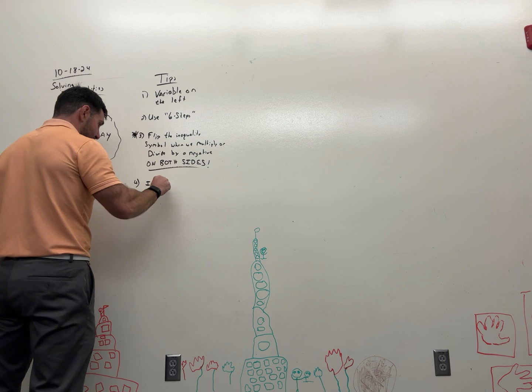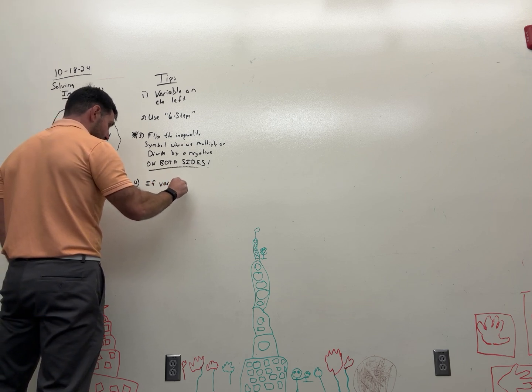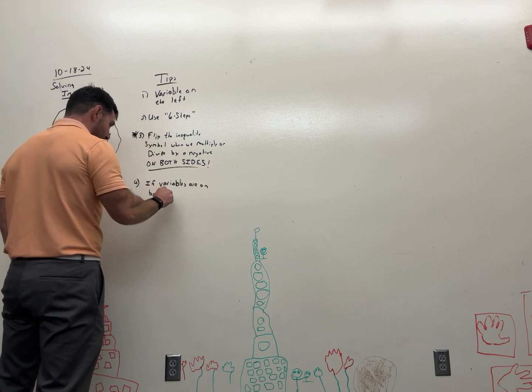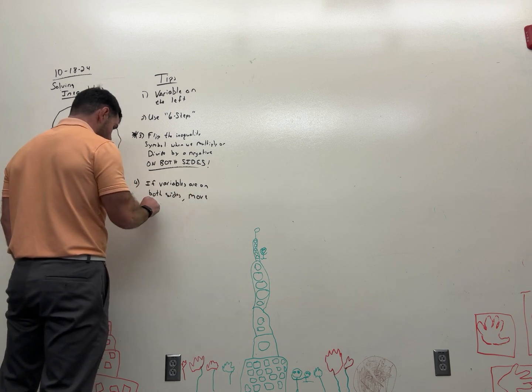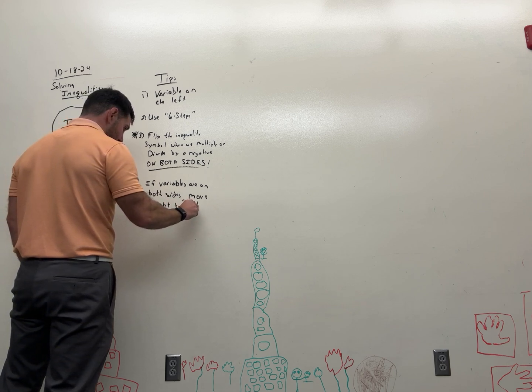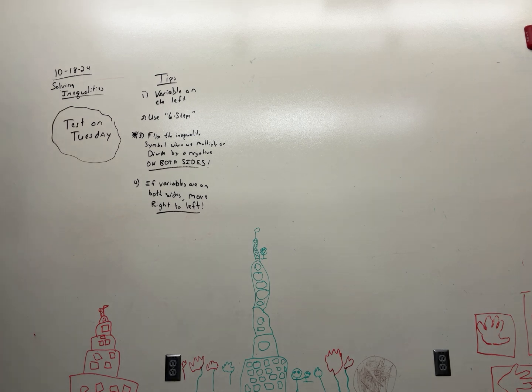If variables are on both sides, move right to left. That doesn't make much sense yet, maybe it does, but I will explain that when it comes up. But these are our tips.